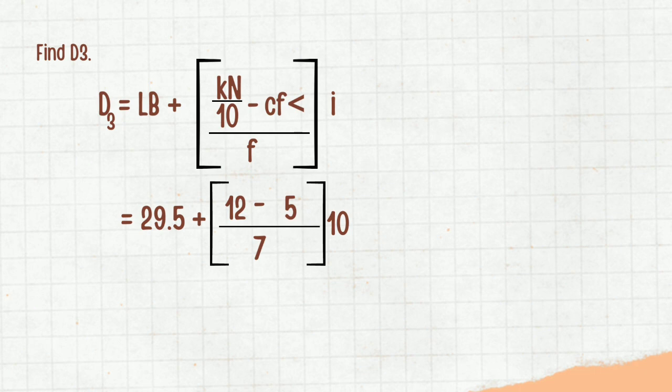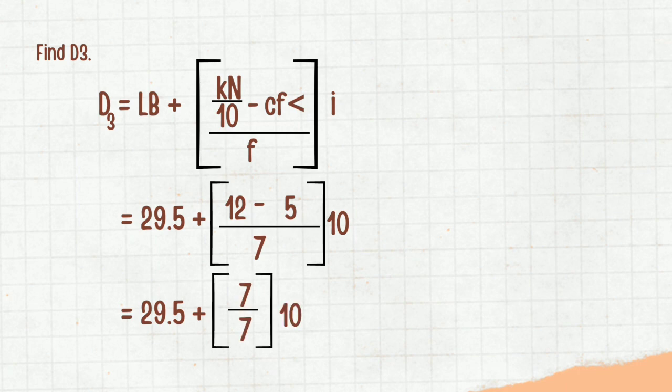So it is 29.5 plus 10, since 7 over 7 is 1, then multiply by 10, so 10. So our D3 is 39.5. That is our D3.